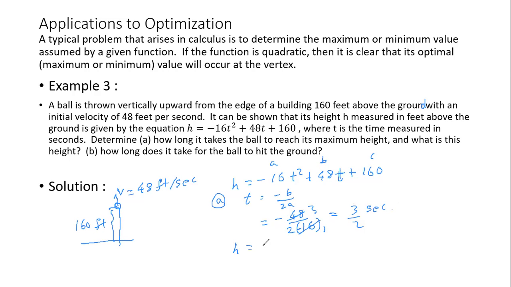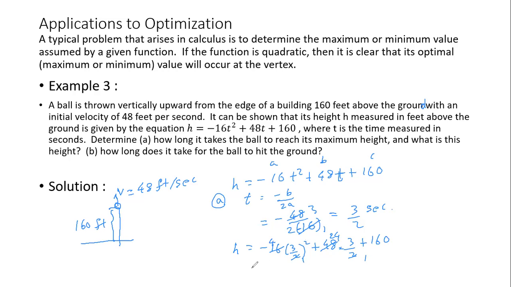Corresponding height we can find: negative 16 times 3 over 2 square plus 48 times 3 over 2 plus 160. When you square, this is 4. 4 times 1, 4 times 4 is 16.